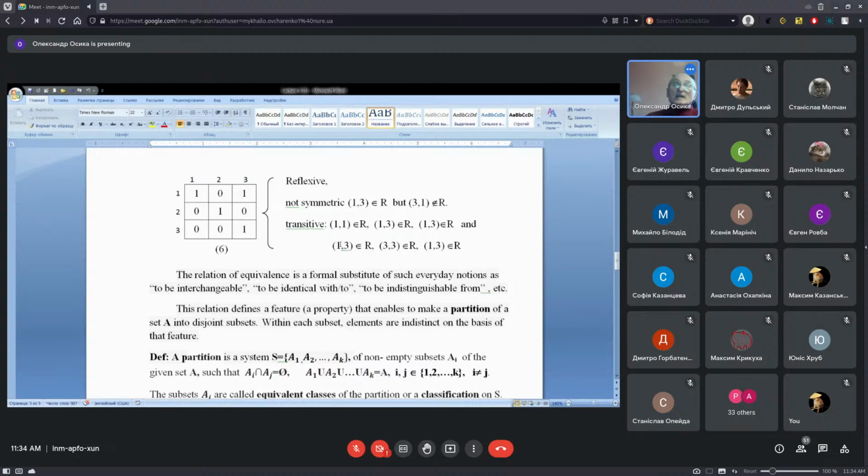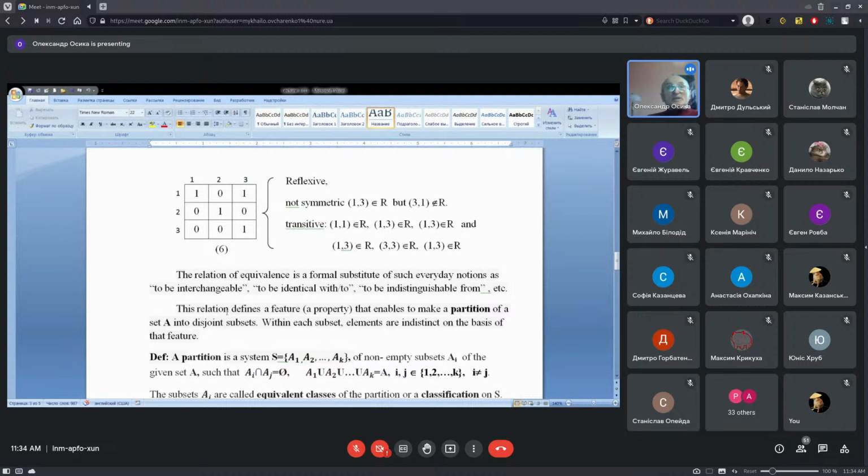Objects must be indistinguishable from a certain point of view. That's why the task is to find the relation of equivalence on these objects. The relation of equivalence is a formal substitute.